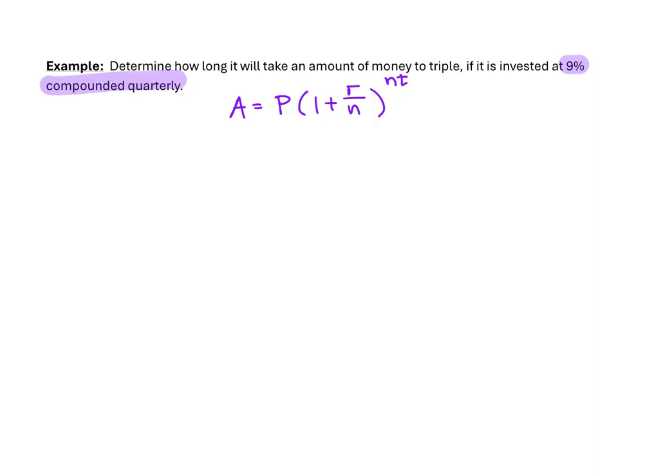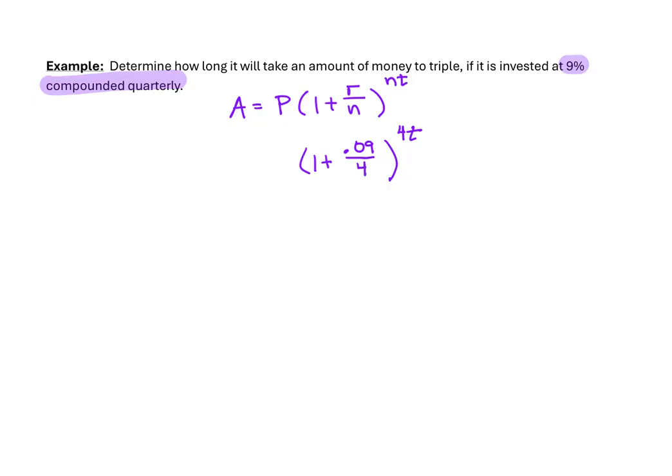We're going to plug in what we know. The first thing that we know is that R is our rate, and it's going to be 0.09. And we know that quarterly means that this is happening 4 times per year. And so I can replace my N with 4.